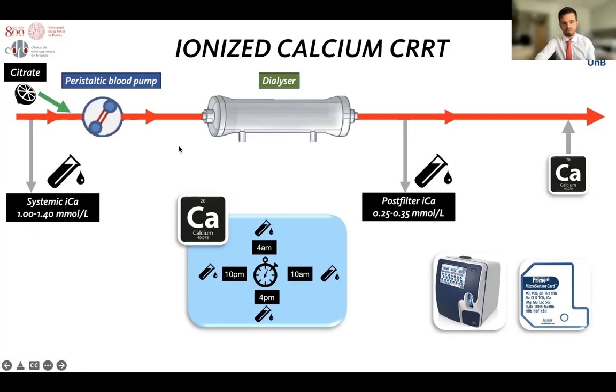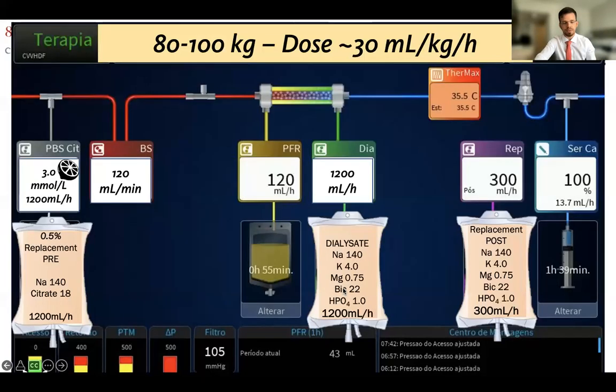Blood passes through the filter, and we measure post-filter ionized calcium, and then we replace calcium before this returns to the patient. We measure ionized calcium and electrolytes every 6 hours, usually 4 a.m., 10 a.m., 4 p.m., and then 10 p.m. with this device.